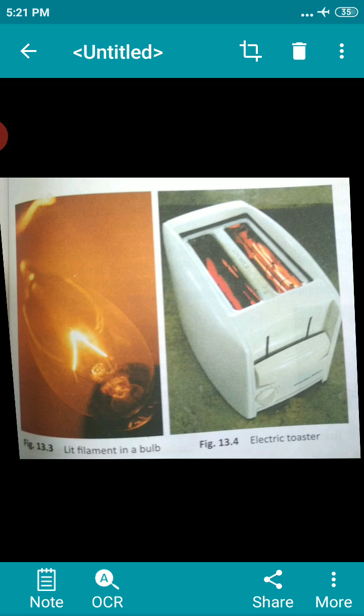On the other hand, the elements of some electric appliances become so hot that they are easily visible. The filament of an electric bulb gets heated to such a high temperature that it starts glowing. If a large current passes through a wire, the wire may become so hot that it may even melt and break. But is it possible for a wire to melt and break? Let us check it out.